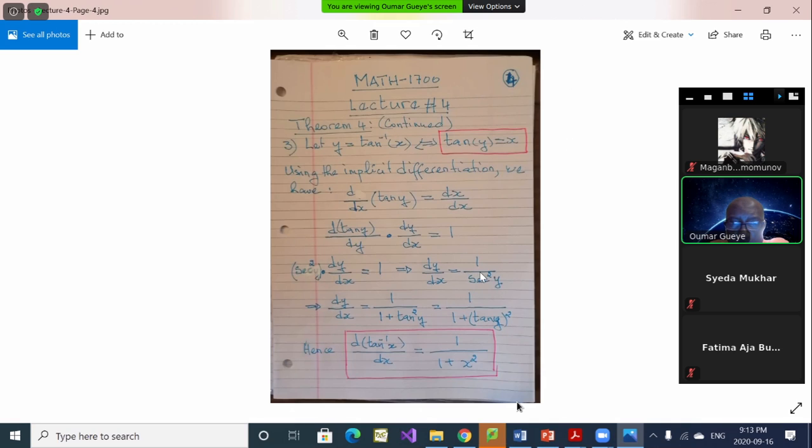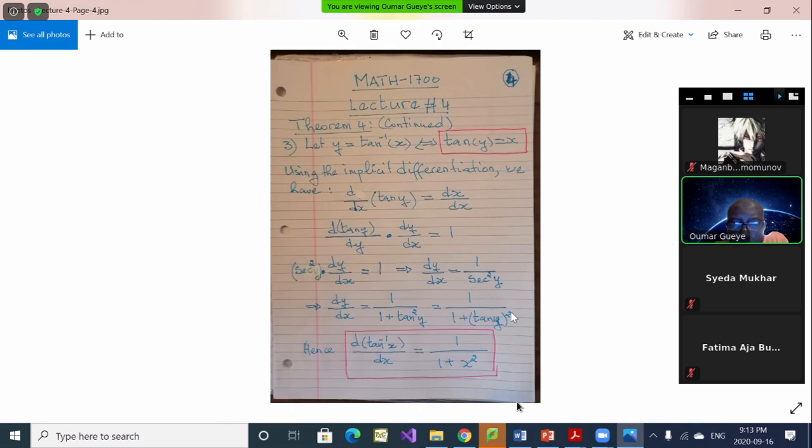So secant squared here is exactly equal to 1 plus tan squared. I just expressed my secant squared in terms of tan. The reason is I know exactly what tan of y is. That's why I'm going to get the denominator in terms of tan instead of secant. And as you know, tan squared of y means tan y to the power 2.